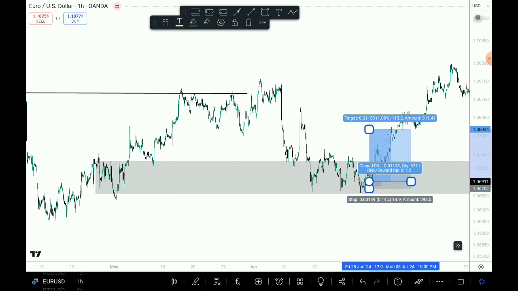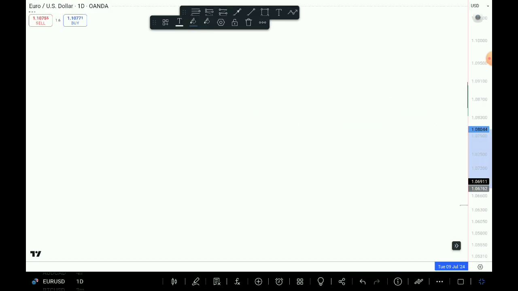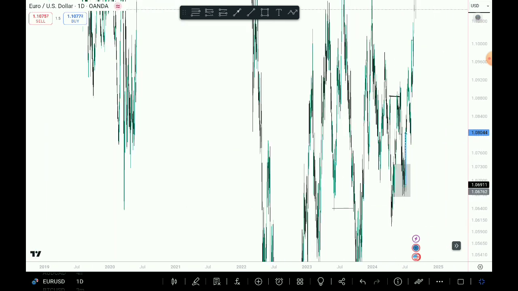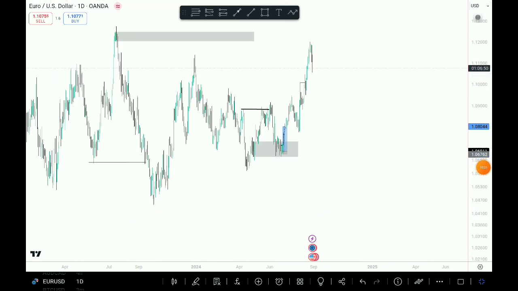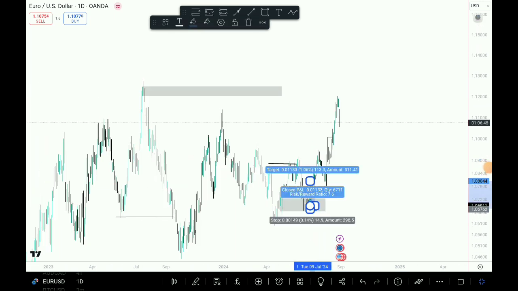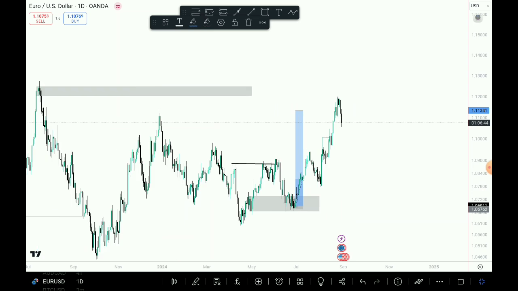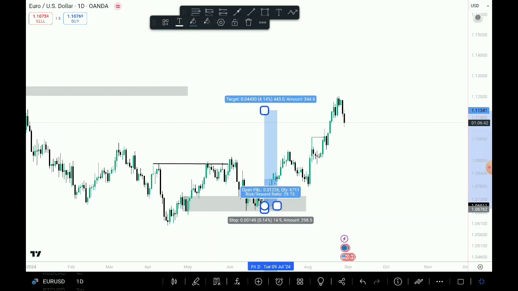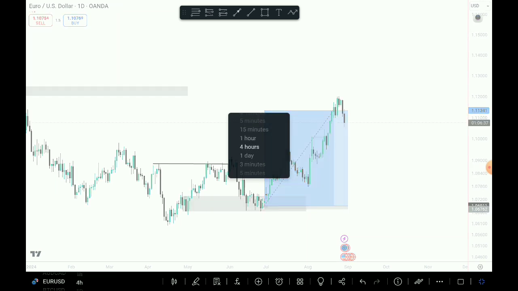I will still go back to my daily and draw my take profit. I will take my profit on the daily, because I know that the market will still go up to this particular point. So now the market, when I hit TP, now let's go to our 1 hour.